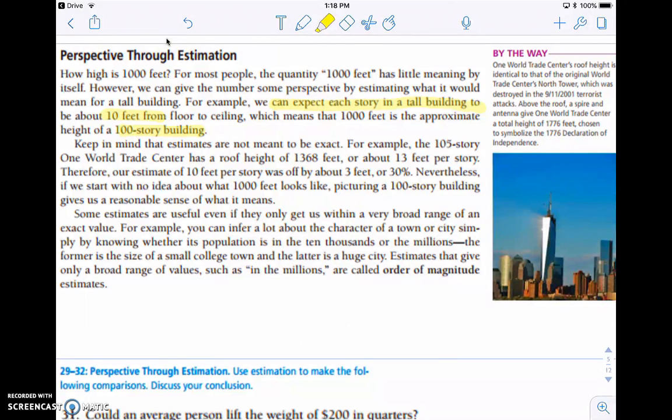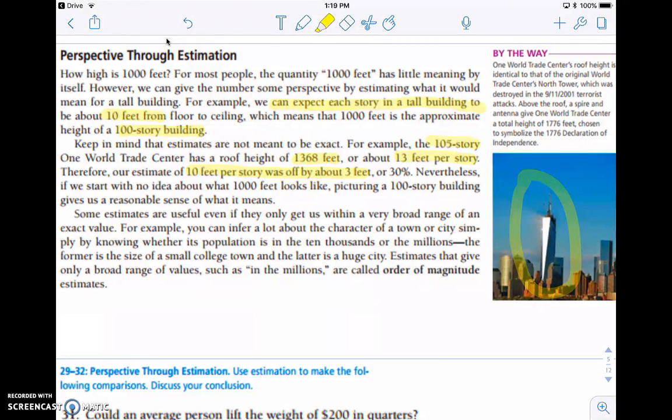Now remember that these things aren't always exact. For example, the One World Trade Center, which is right over here in New York City, has a roof height of 1,368 feet. It's 105 stories, so it's about 13 feet per story. So our estimate of 10 feet per story was off by about 3 feet or 30%.